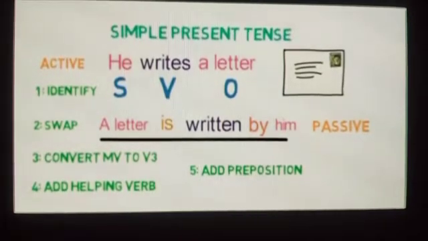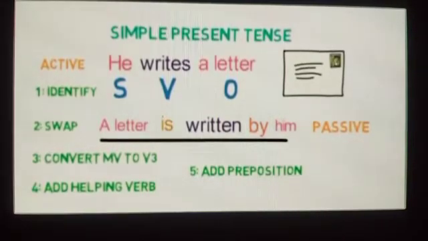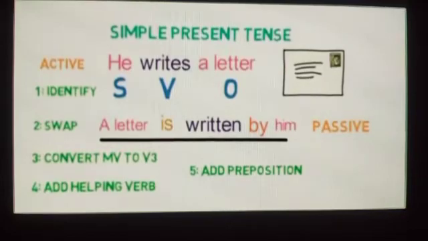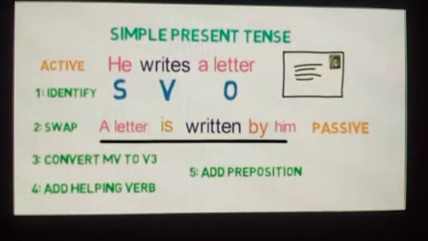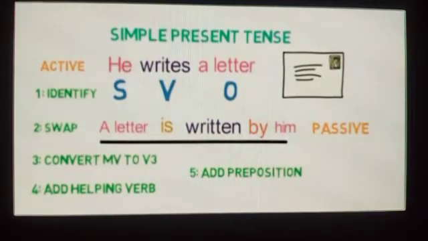And before this verb, as per the tense, I have used is here because we are talking about a letter, and in simple present tense passive voice, we use is, am, are with third form of verb. So after using all these steps, like a letter is written him, if I am not using by over here, the sentence is not giving the complete sense.